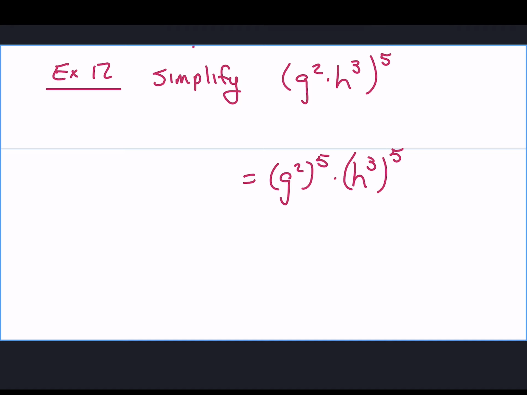What do we get from here? G raised to the 10th power multiplied by h raised to the 15th. G to the 10th, that's 2 times 5, times h to the 3 times 5, which is 15. Did anyone get anything different from that?